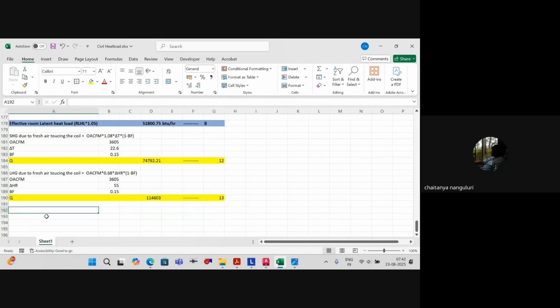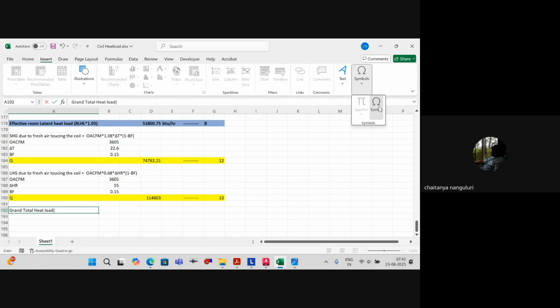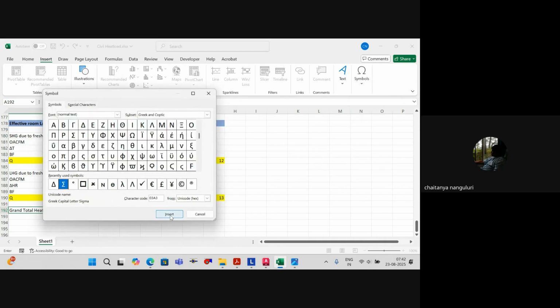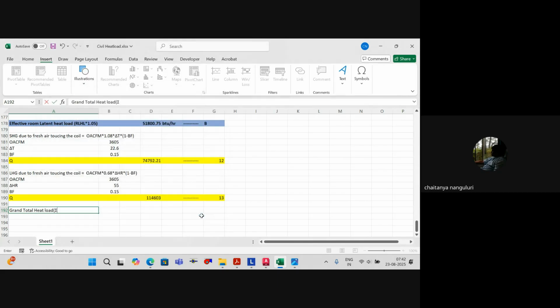Now we will calculate the grand total heat load. That is the summation of equations A, B, 12, 13.